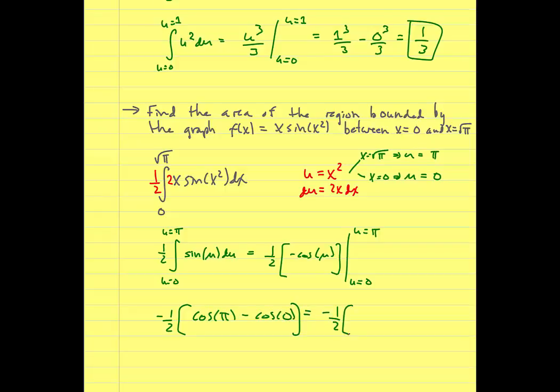Cosine of pi is negative 1, minus, because I'm subtracting, the cosine of 0 is 1. So I have a negative 1/2 times negative 1 minus 1, which is a negative 2. The 2's cancel, negative times a negative is a positive 1. Okay, so that's telling me that my net area is going to be equal to 1.